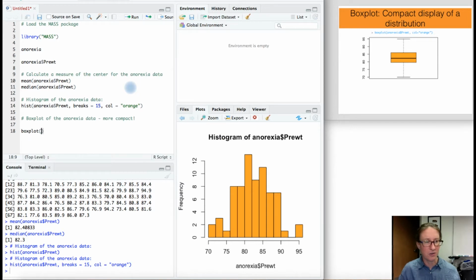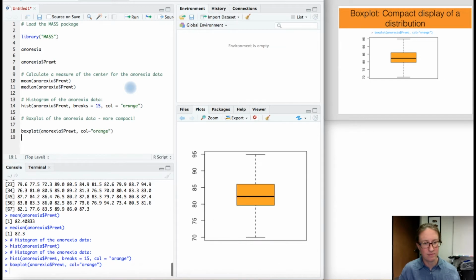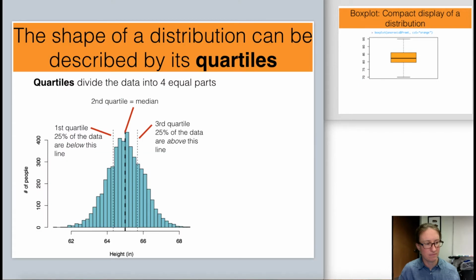And I still like the color orange, so the first argument for the boxplot function is going to be indexing the column that I want from that data frame, so PREWT, the pre-weight data frame, and let's make it orange again. Okay, voila! So there's my compact display of that distribution.